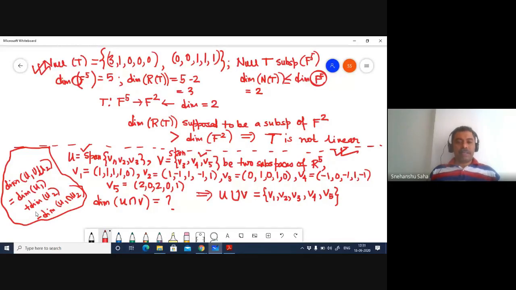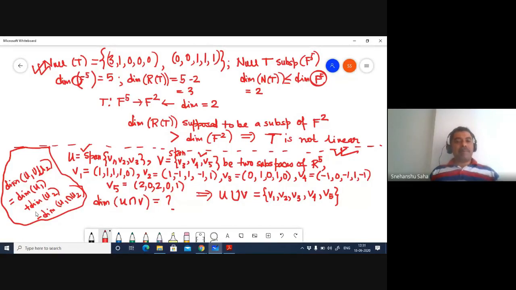If you combine all of these vectors, you can easily see that these 5 vectors will span R5. So U union V also spans R5.